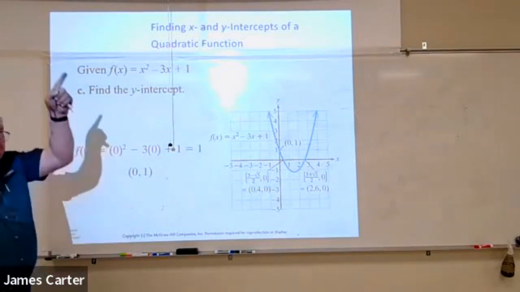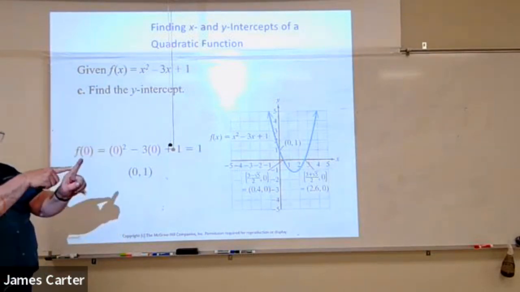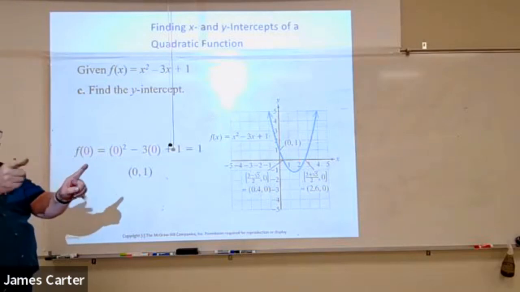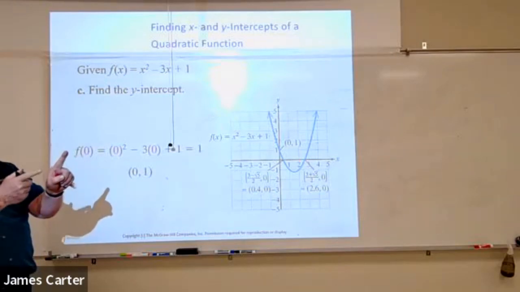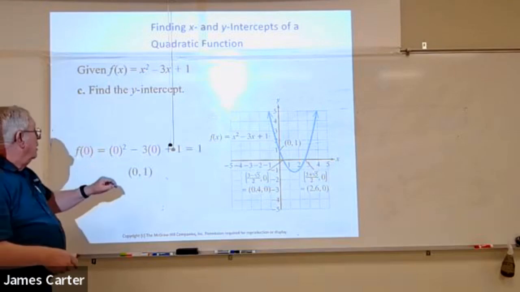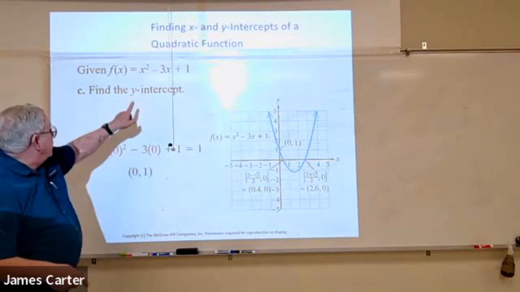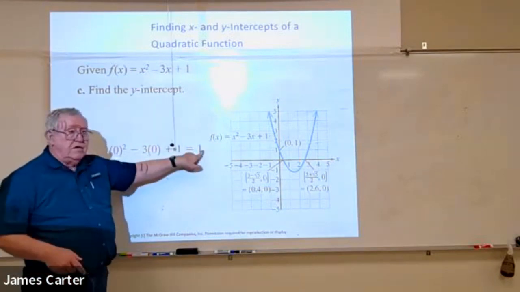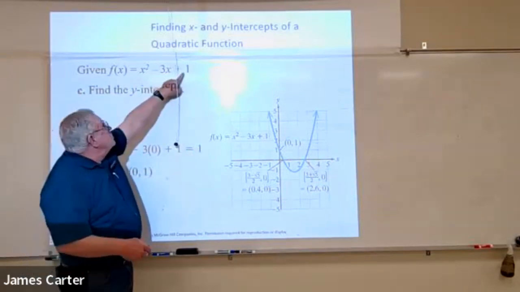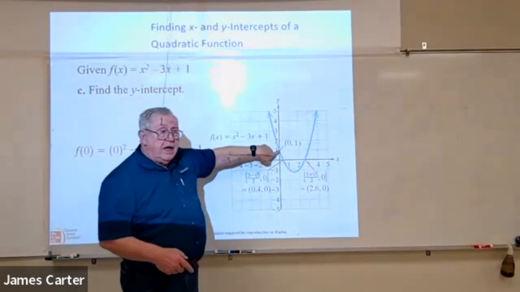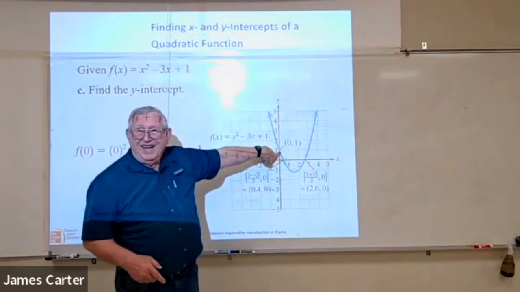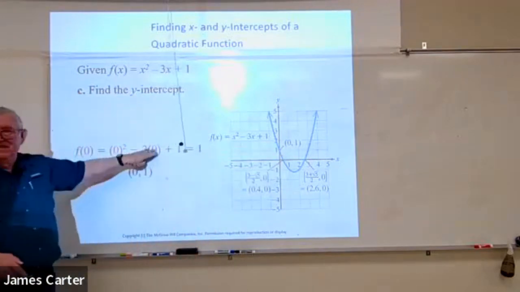At the y-intercept, x has to be 0 because it's neither left or right. So you can replace all of the x's with zeros, and what do you got left? Or you can just look at this number and say, ding, I got it, without going through all of this nonsense.